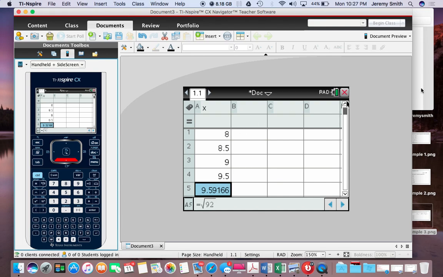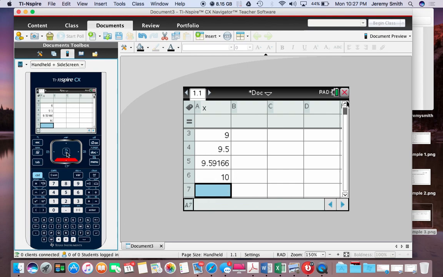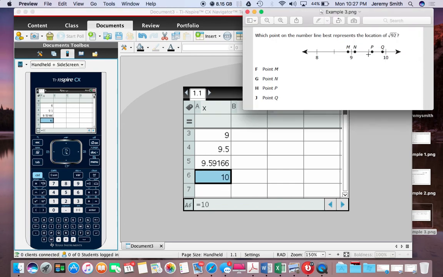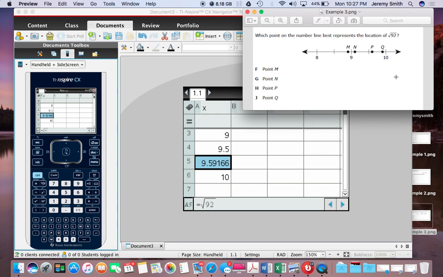Obviously, I see it's not in between 8 and 9, so I know it's not M. It's not between 9 and 9.5, so it's not N. So I'm stuck between P and Q. Now let's really think about this. This is my original format. Which one do we think our answer would be? Is that square root of 92, which is 9.59, closer to 9.5, or is it closer to 10? Our answer will obviously be H, which is point P.